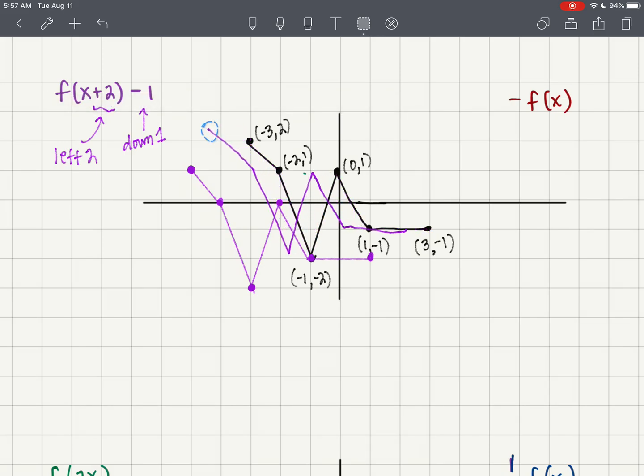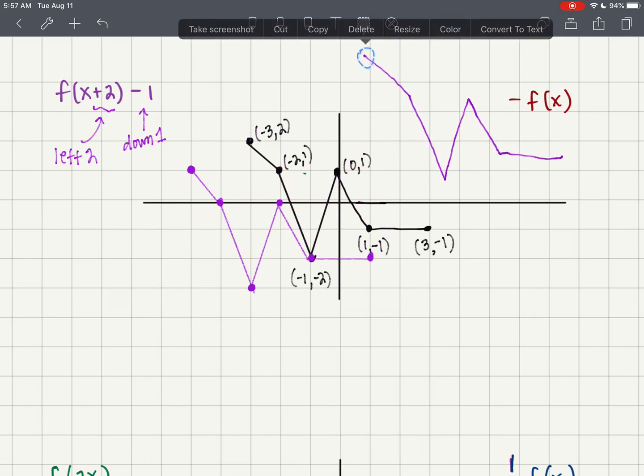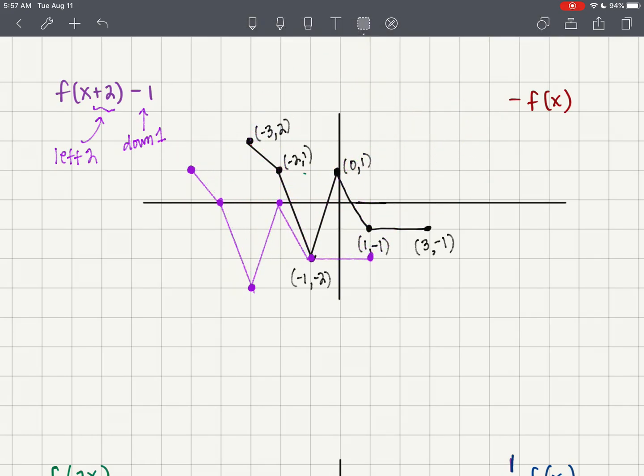So I just want to show you left 2, and then down 1. See how the whole graph moves left 2, down 1. So it's kind of a neat thing there, that transformation.